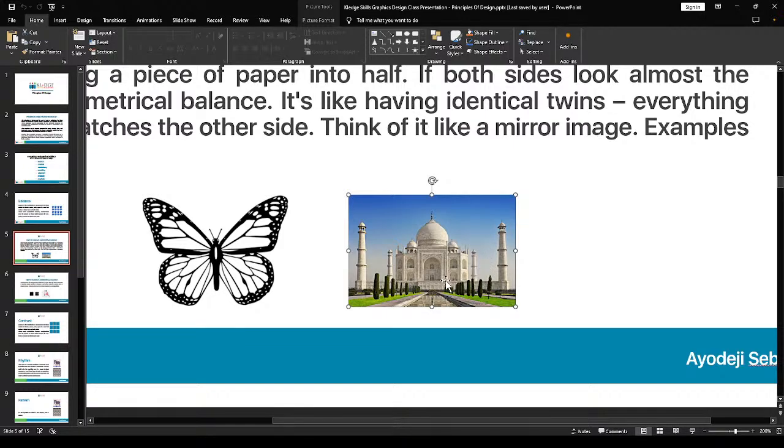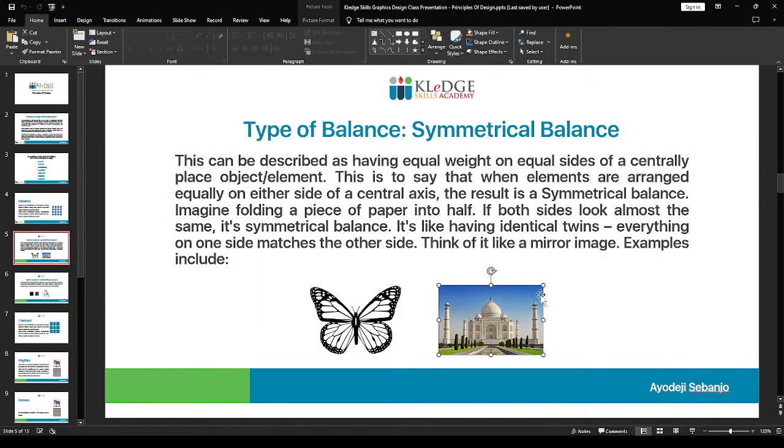Also the pathway, the arrangement of the flowers as they are on the left hand side, we have it on the right hand side. Now look at the pavement also, the same thing. So it gives the house a good look from a distance. So balance cannot be neglected in designing.